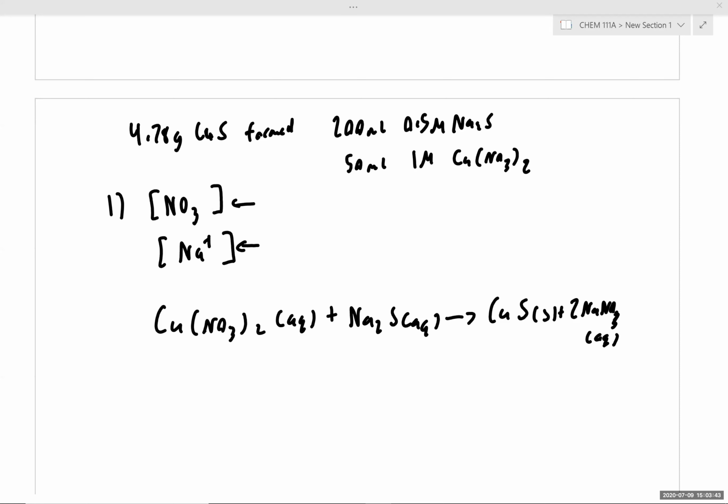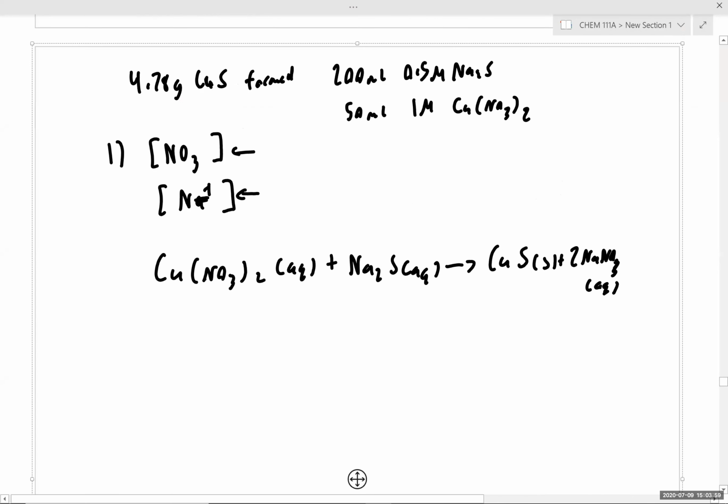Okay, so let's now discuss. So if we think about this equation in detail, are nitrate and sodium changing in concentration, or are these spectator ions?